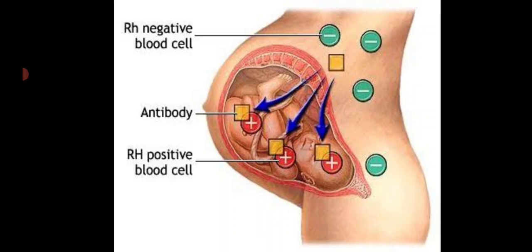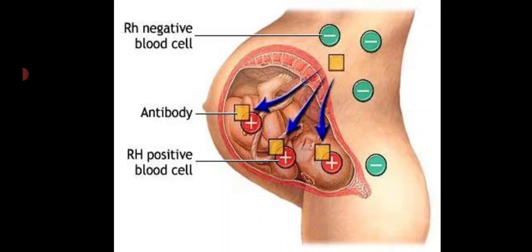Till 9 months of pregnancy, there is no issue. But at the end of pregnancy, there may be damage of blood vessels. So at the time of parturition, or at the time of delivery, the blood vessels will be damaged.